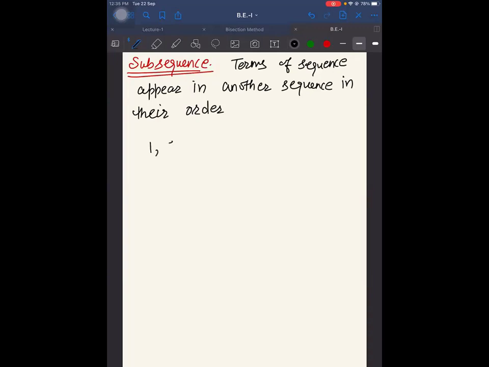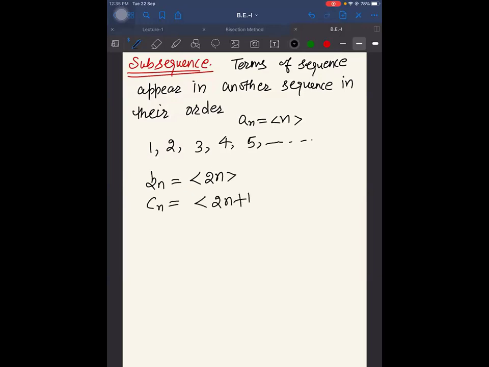If you have the sequence 1, 2, 3, 4, 5, and so on, of course, your an is n. Can I extract two subsequences? Call them bn equals 2n and cn equals 2n plus 1. The terms of bn would be 2, 4, 6, 8, 10, and so on.